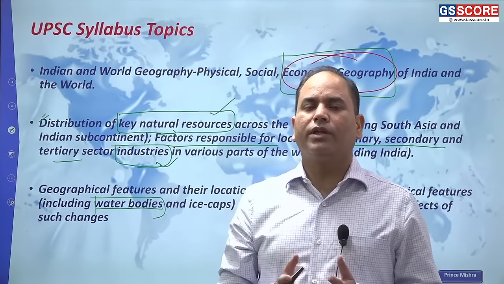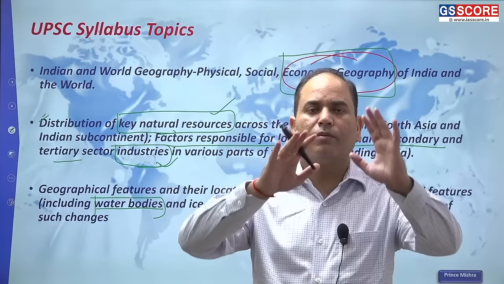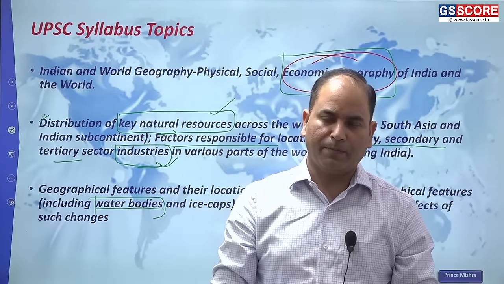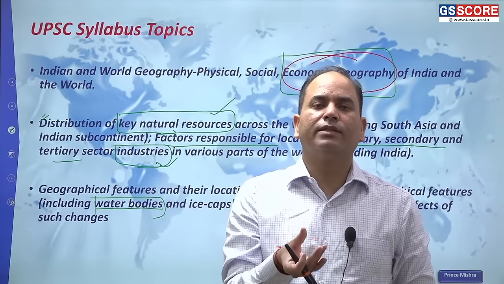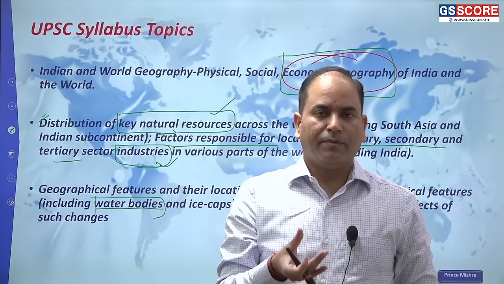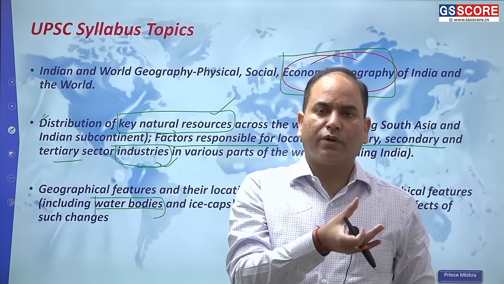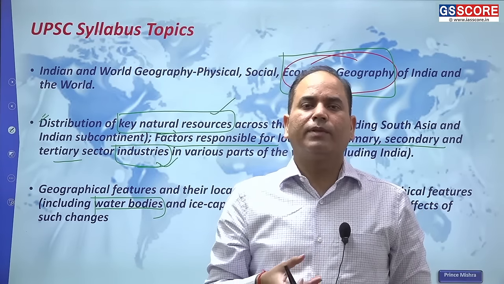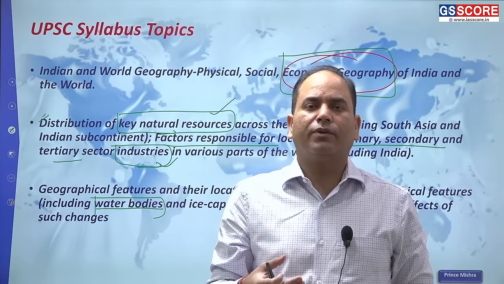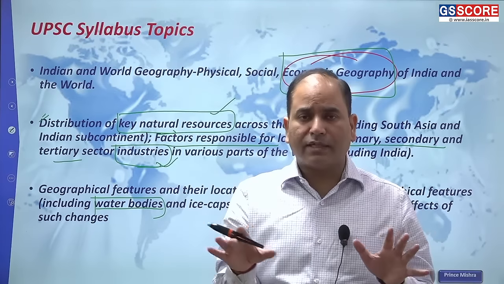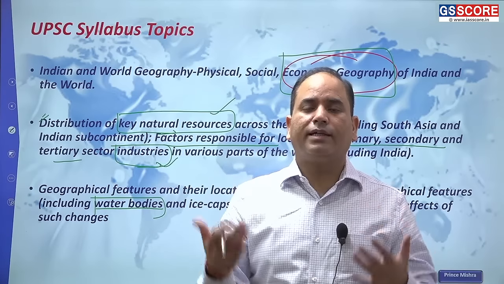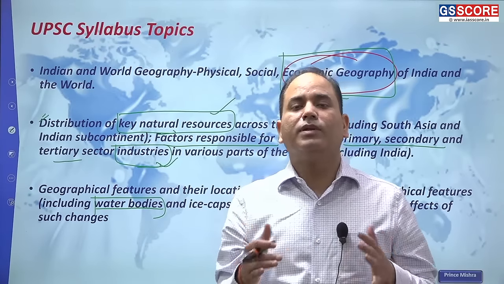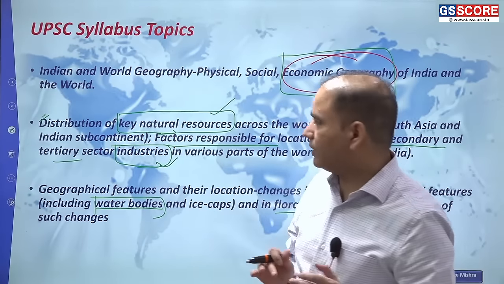Now, economic geography broadly falls under human geography. It is mainly associated with the activities which humans do, because it is part of human geography. It is associated with the activities that humans do in a generalized way for living. For the purpose of living, whatever activity is done by humans is referred to as economic activity.